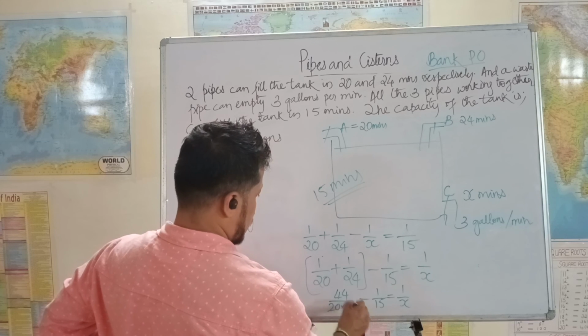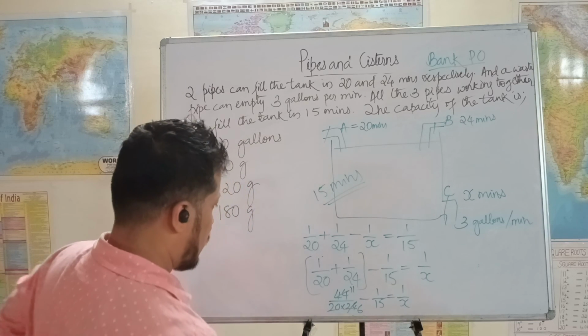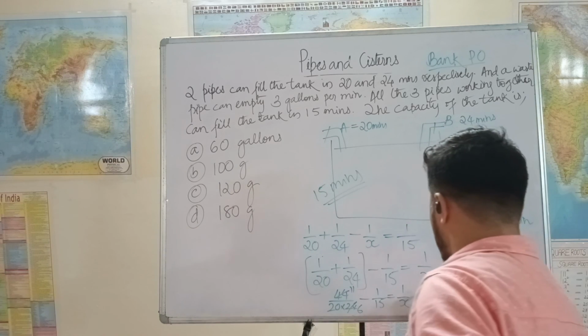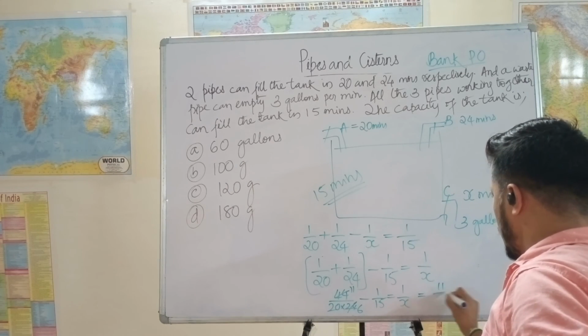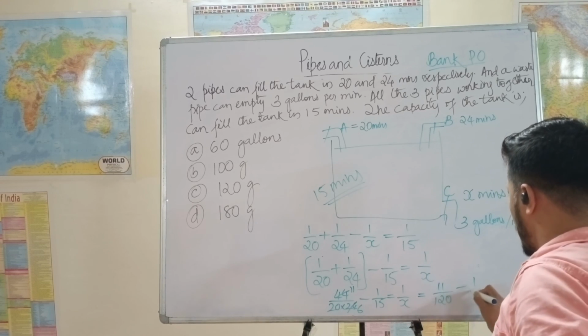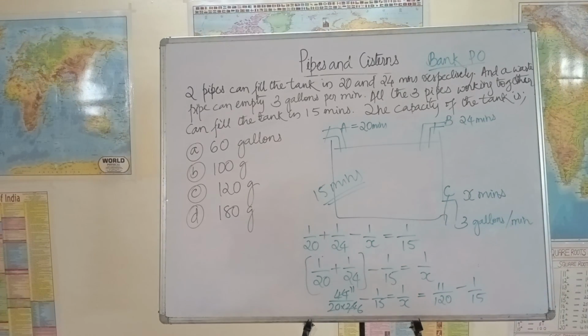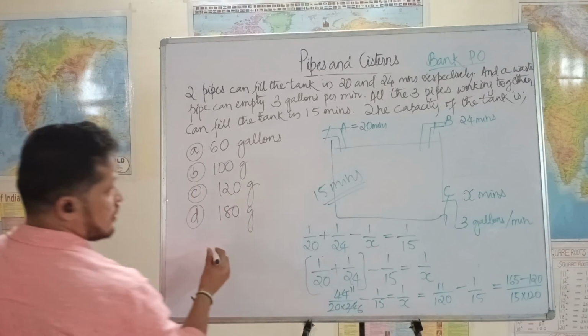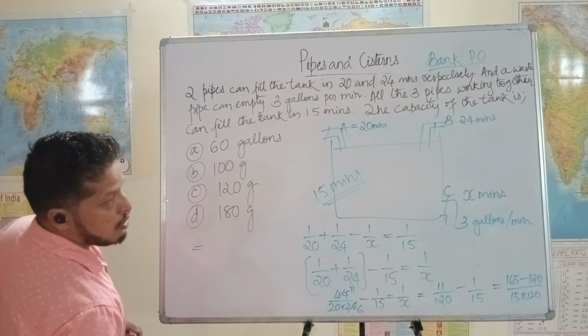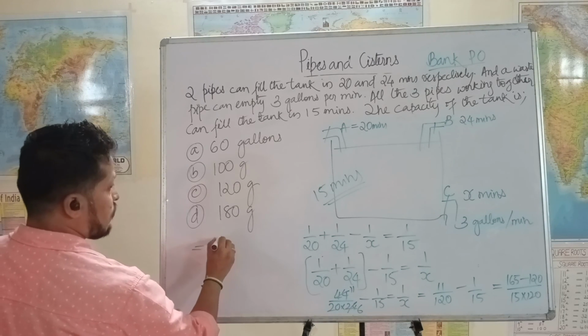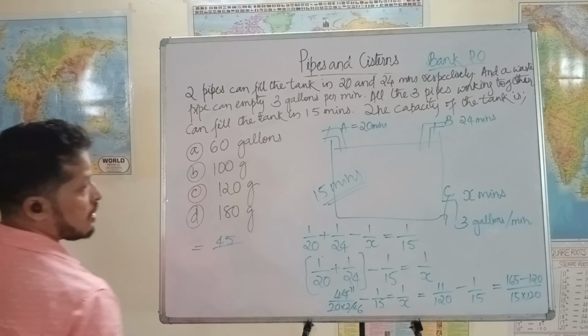4 sixes are 24, 4 elevens are 44. So this is equal to 11 by 120 minus 1 by 15, which is 11 into 15, 165, minus 120, divided by 15 into 120. 165 minus 120 is 45, divided by 15 into 120.